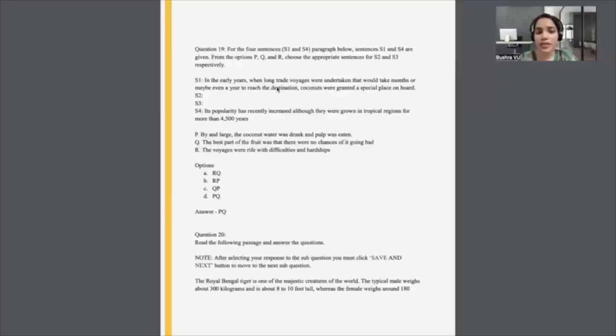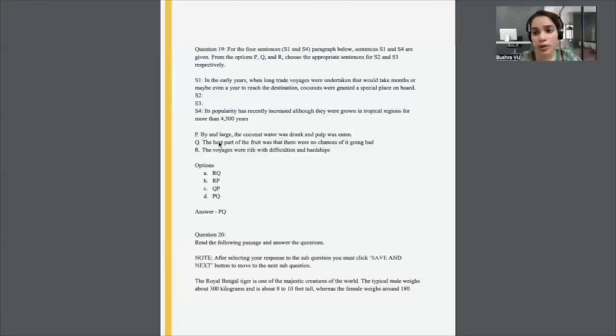So let's see which of these matches closest, which has the best correlation. By and large, the coconut water was drunk and pulp was eaten. Yes, the best part of the fruit was that there were no chances of it going bad. The voyages were rife with difficulties and hardships. Here we're talking about coconuts. So out of P, Q, R, P and Q are talking about coconut, but Q starts the sentence with 'the'.